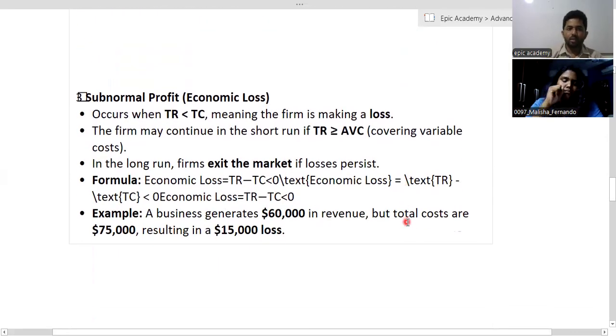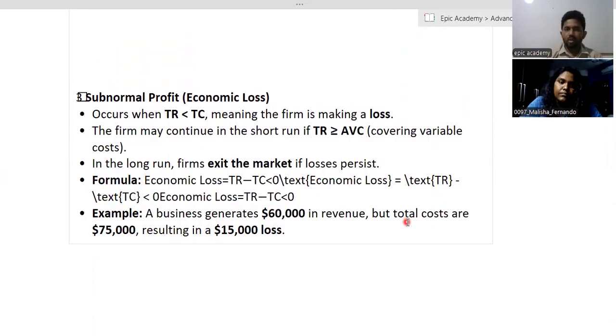And the third one, subnormal profit. We call it economic losses. It occurs when TR takes a lesser value than TC, meaning the firm is making a loss.